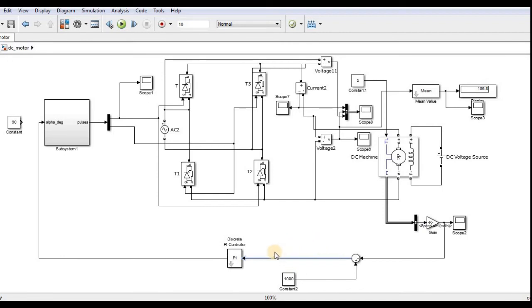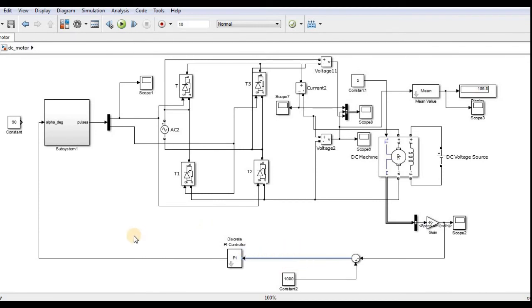If 500 is the error, my output will be some positive value. If my error is more, the PI output will be more, I mean theta will be more. When my error is more, if my speed is very less and my reference is very high, then only I can get more positive over here.